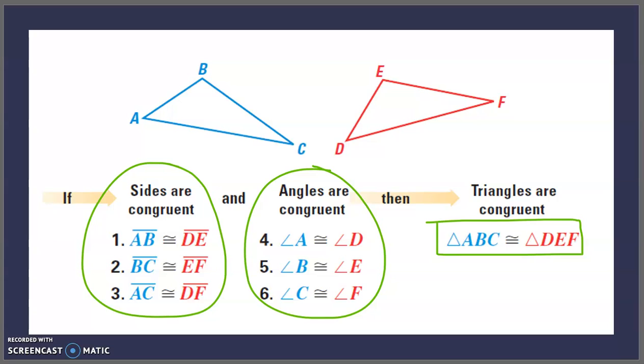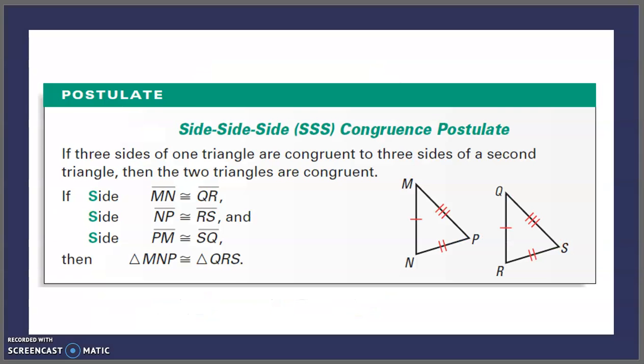But do we really need to know all 6 pieces in order to make this conclusion? In this lesson and the next, you're going to learn that you don't need all 6 pieces of information to prove that the triangles are congruent. For example, if all 3 pairs of corresponding sides are congruent, then this postulate, the SSS congruence postulate, guarantees that the triangles are congruent.